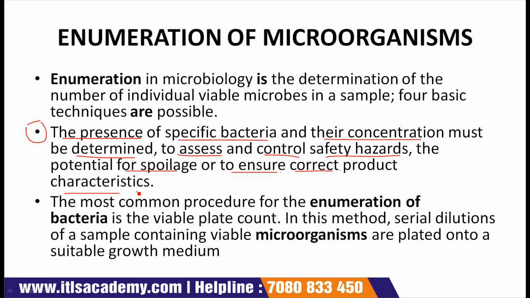To determine rates of microbial growth and death, it is necessary to enumerate microorganisms, that is, to determine their numbers. It is also often essential to determine the number of microorganisms in a given sample.